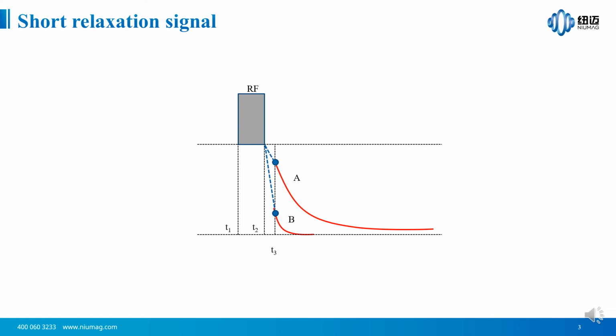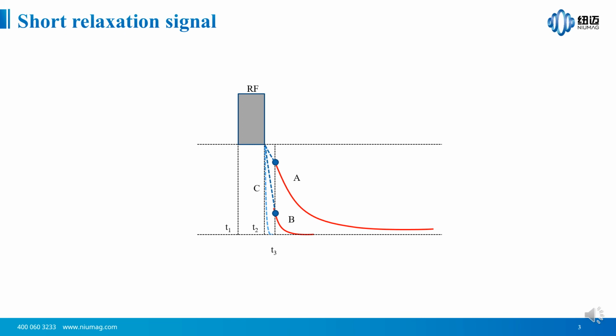For sample B, due to the faster relaxation, most of the signal is lost by the time sampling starts at T3, and the signal to noise ratio is reduced. Also, the analysis of the sample is compromised due to the loss of the signal.